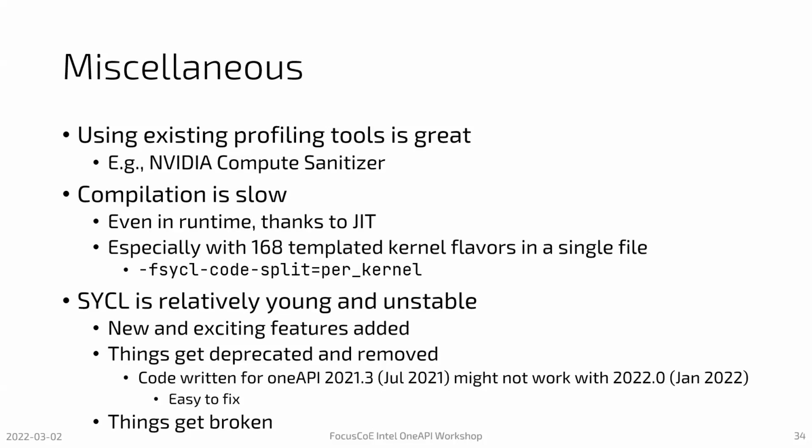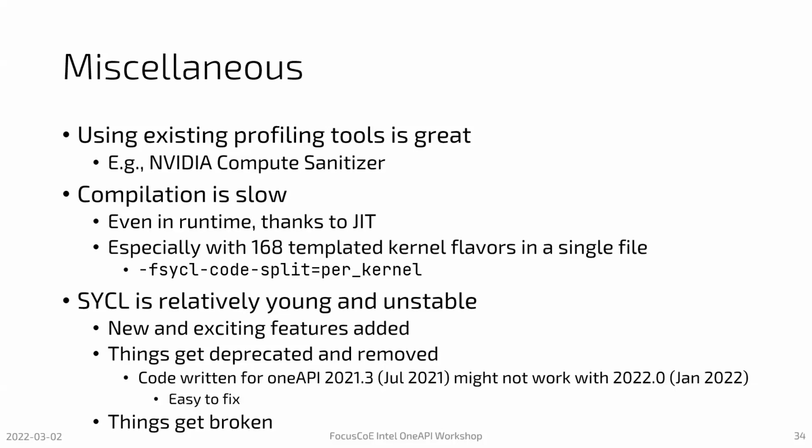And it takes several minutes to compile. And what's worse, it was taking several minutes to compile even at runtime, because the just-in-time compiler was doing its job on all 168 kernels, despite the fact that only 2 or 4 flavors are usually used during a single round.